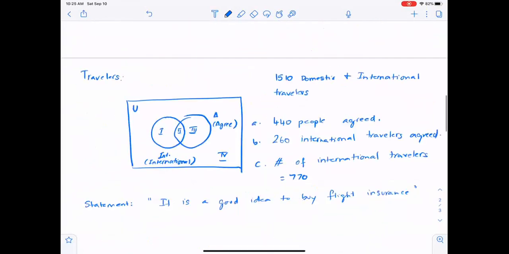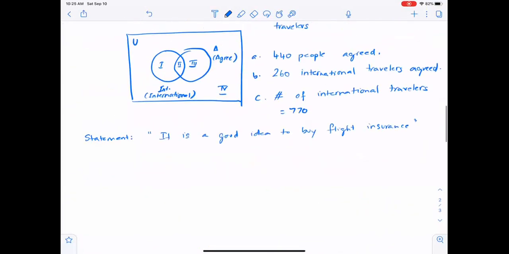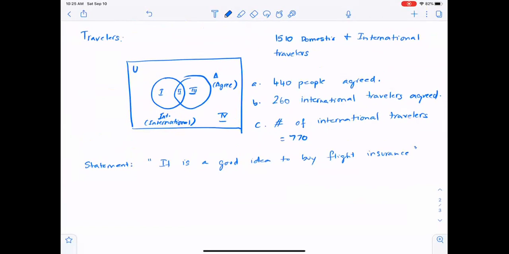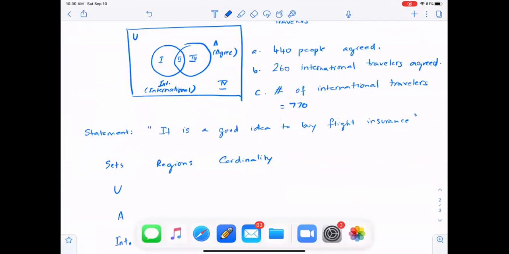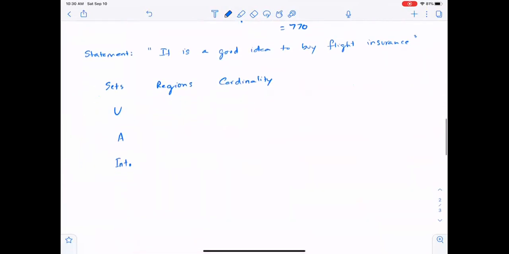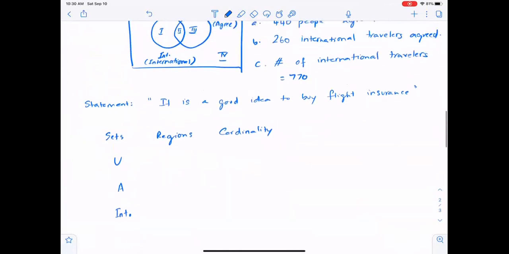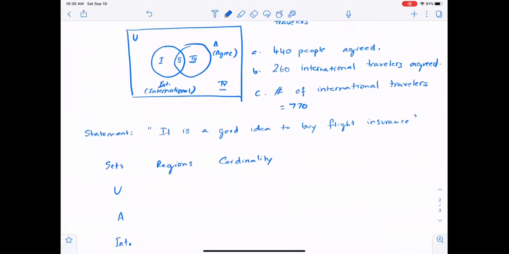Here, we are going to come up with the sets, the regions corresponding to the sets, and the counts. So we want to identify the regions corresponding to each set. Well, the universal set must contain all regions.